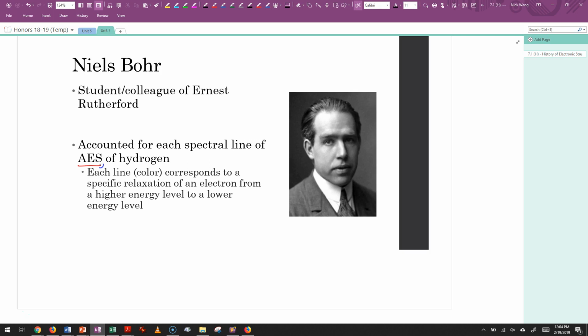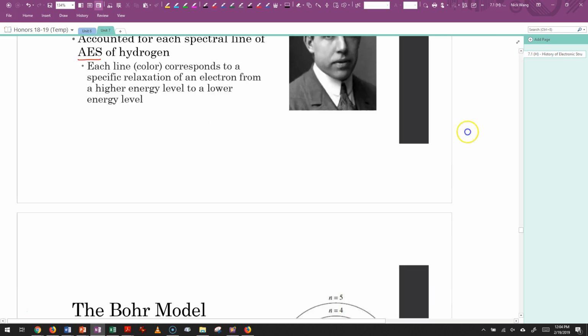Each line, each individual color, whether red or blue or green, corresponds to a very specific relaxation of an electron from a higher energy level to a lower energy level. That's what we referred to earlier, in those diagrams where the electrons go up and go down. He was able to put that together based on his own analysis.